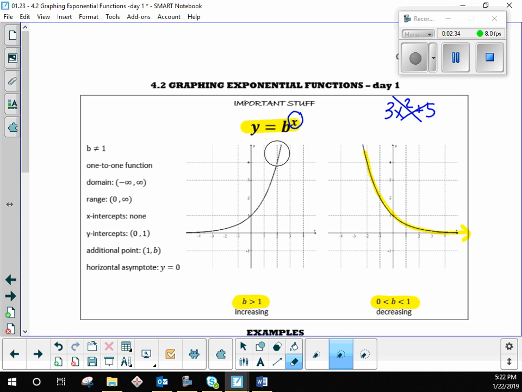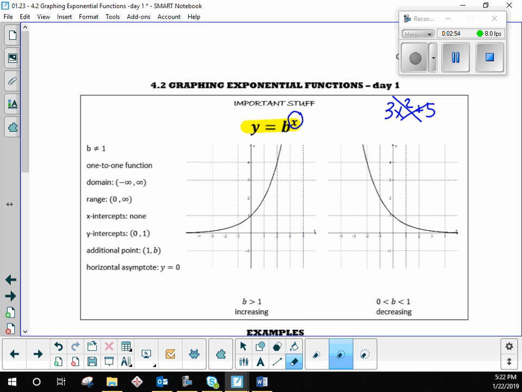So keeping all that in mind, what I would like to do first, before we talk about these general forms, is generate our own exponential function with a specific base.